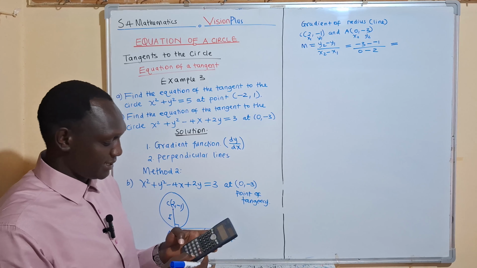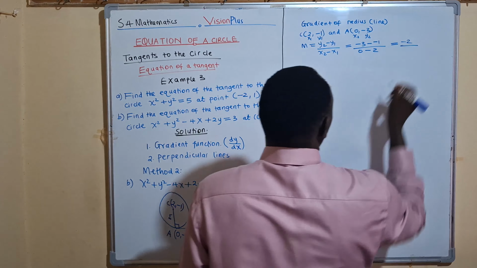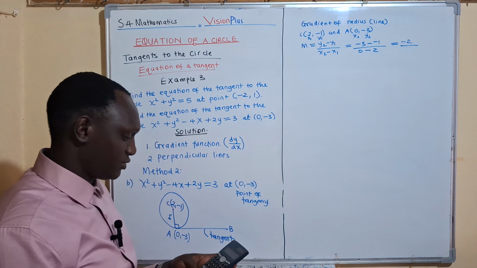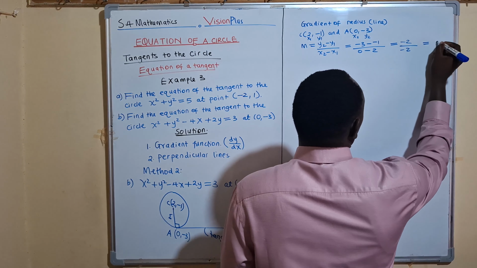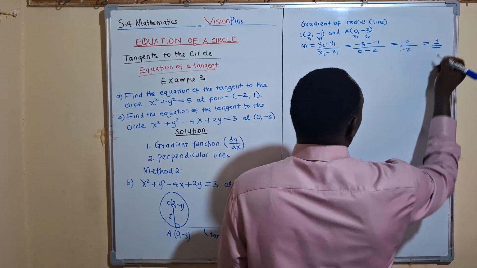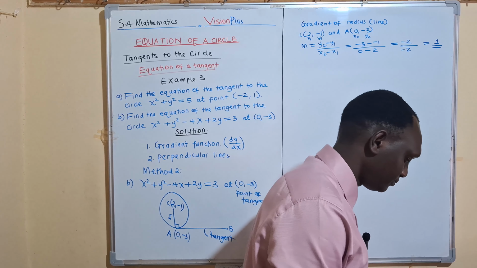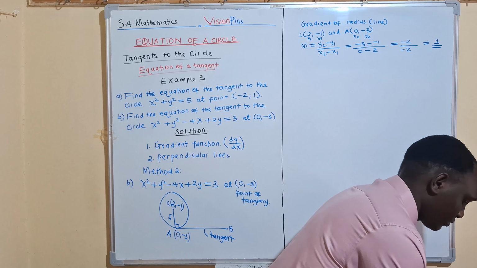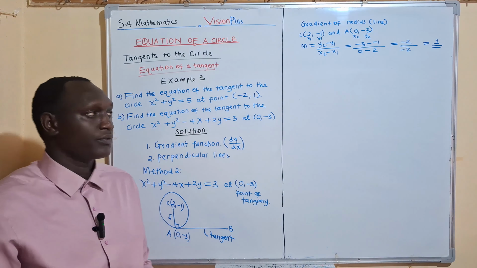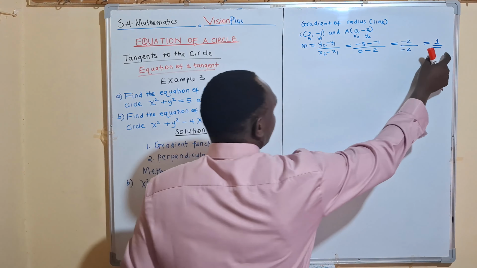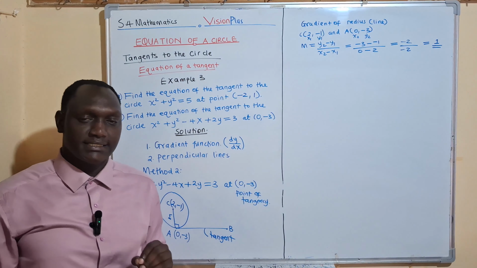Negative 3 minus negative 1 is negative 2, over 0 minus 2, negative 2. If we divide, we shall get 1. Negative 2 divided by negative 2 gives us 1. So this one that we have got here is the gradient of the radius.